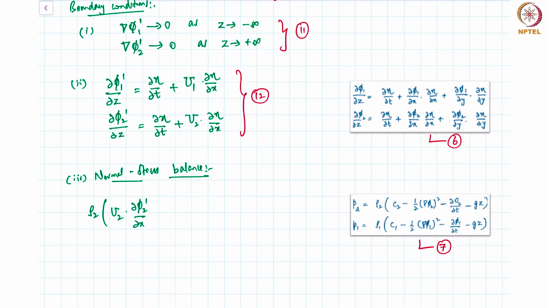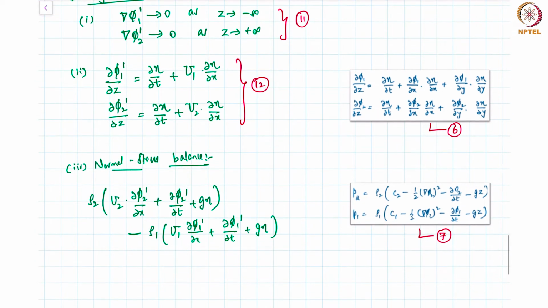Plus del phi 2 prime by del t plus g times eta. This will be the first term, that is P2. Then I have rho 1 times u1 del phi 1 prime by del x plus del phi 1 prime by del t plus g eta. This will simply be minus gamma times curvature.